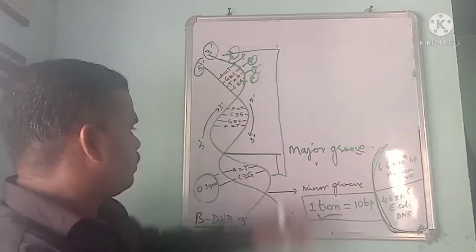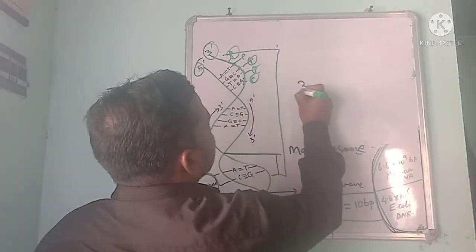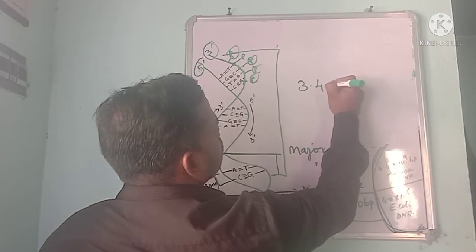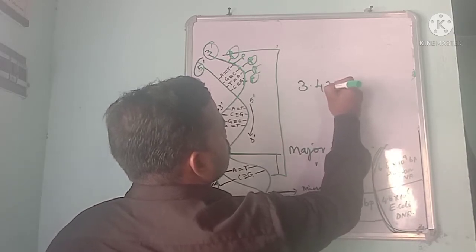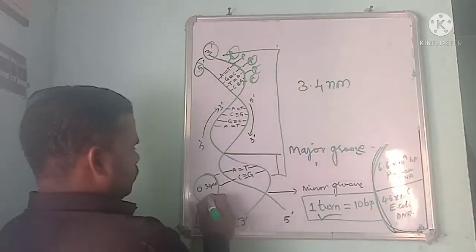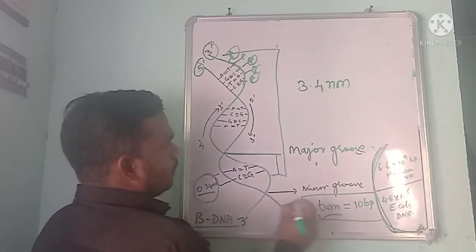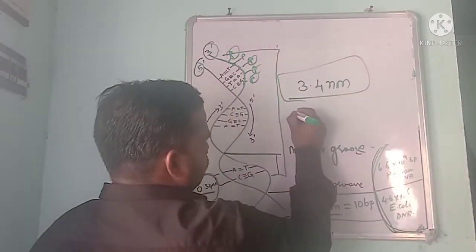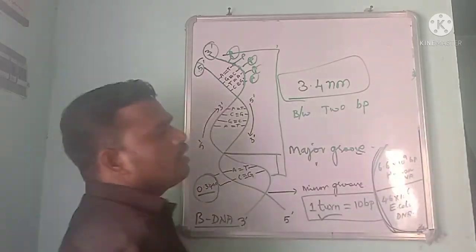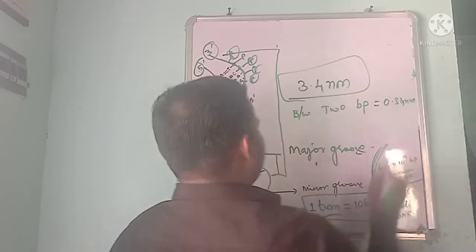So the major groove, the minor groove, and one turn of the DNA helix has a length of approximately 3.4 nanometers. Another thing: between two consecutive base pairs, the distance will be 0.34 nanometer.